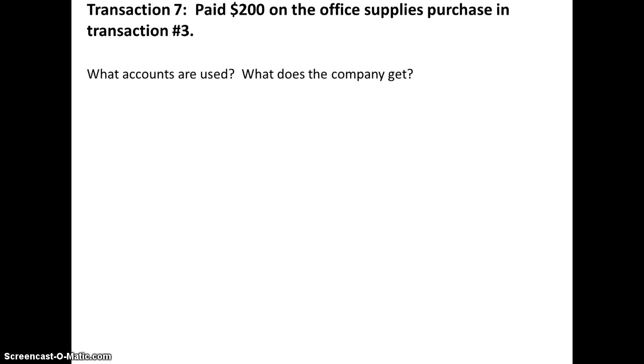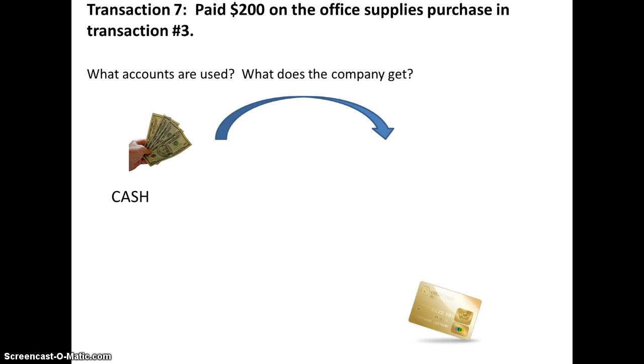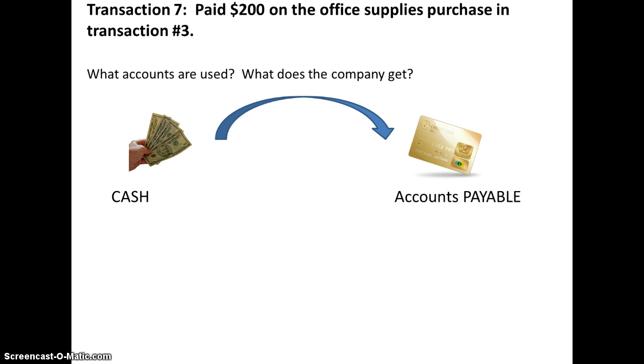Transaction 7. We paid $200 on the office supplies purchased in Transaction 3. Remember, in Transaction 3, we purchased office supplies on credit. In this transaction, we are not buying new office supplies. We are simply paying off our debt. So we need to reduce cash, and we need to reduce our liability, accounts payable.